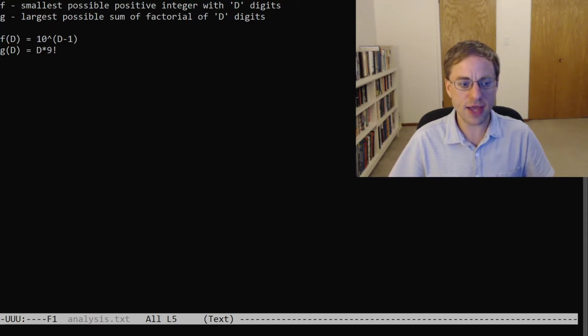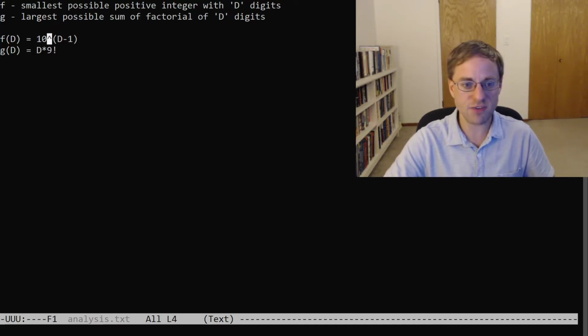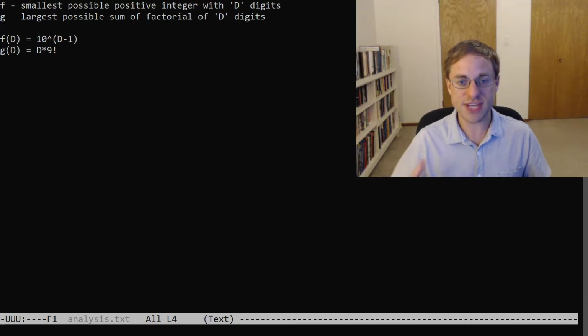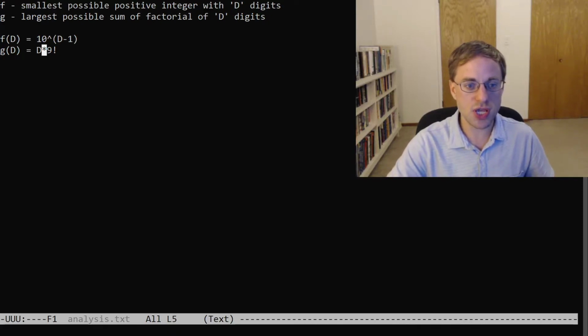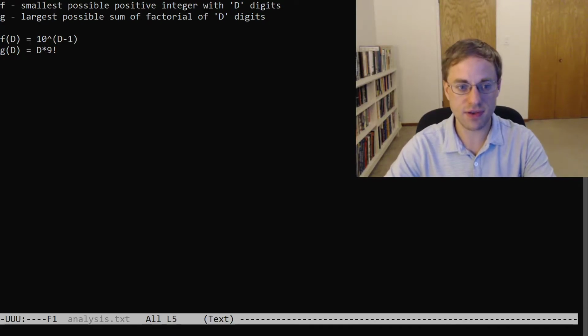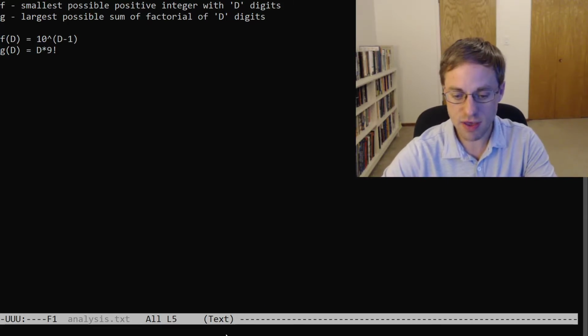And I hope it's not too difficult to see that as we increase the value of d, f is going to grow by factors of 10, but g is just going to grow by a constant amount. Now that constant is actually fairly large.